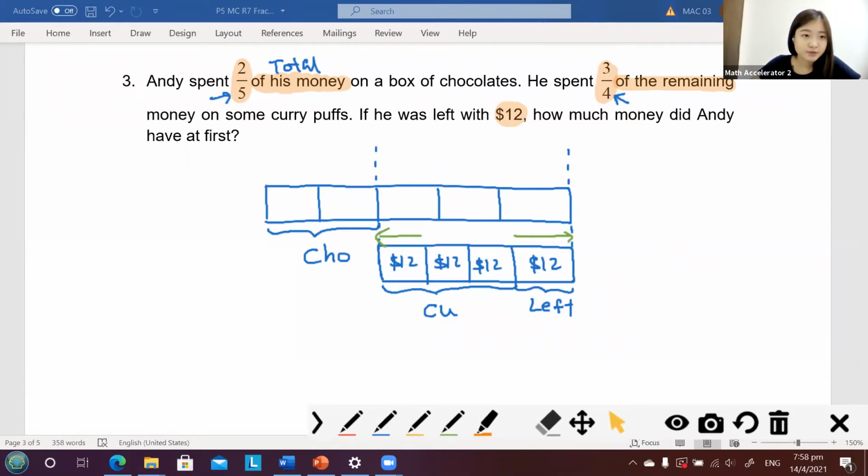So the vast majority of you chose $80 and a few of you chose 48. So 80 is correct. So how do you get the 80? Those of you who chose 48, that's only for the second part of the model here, because you took 12 times 4 to find how much the remainder consists of, which is $48.